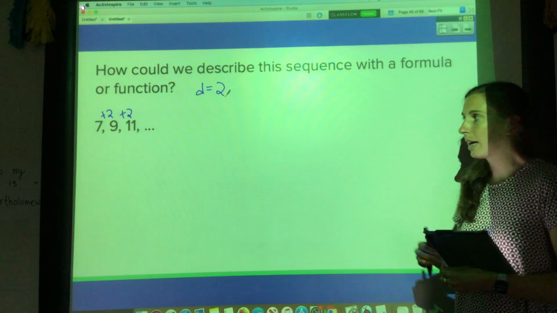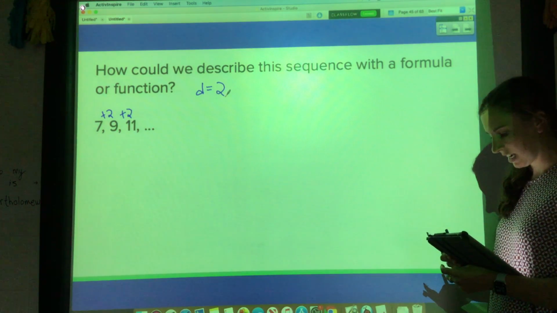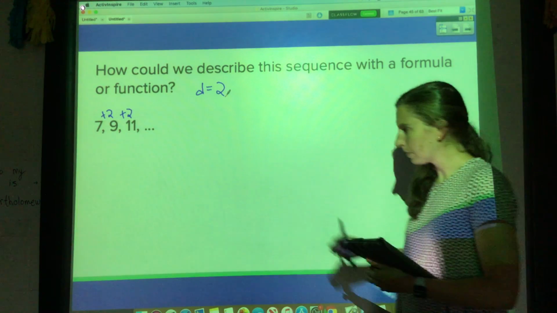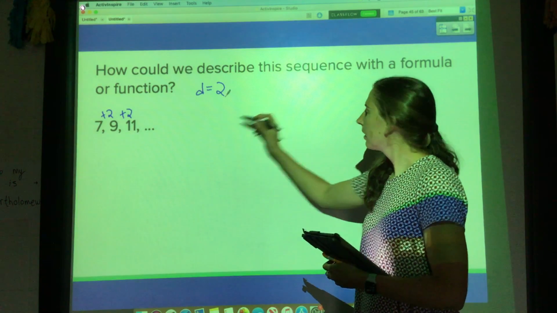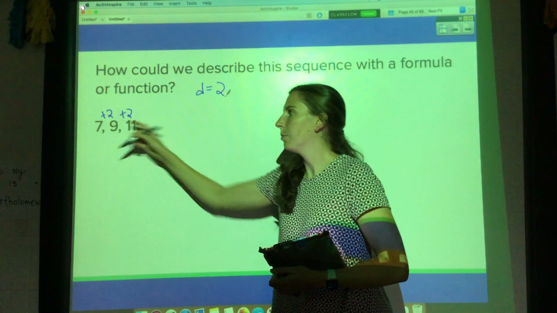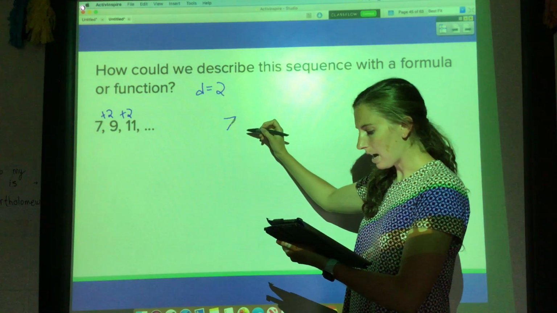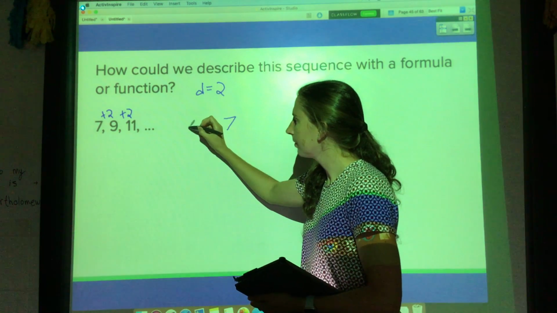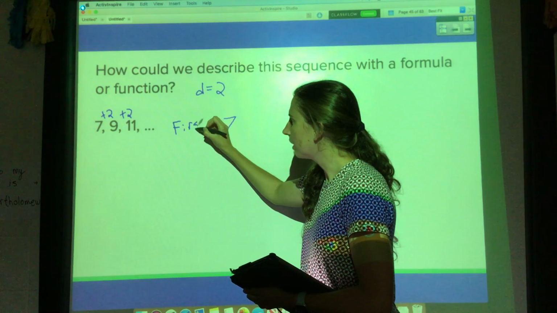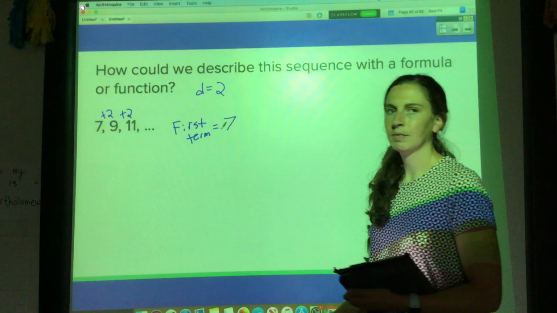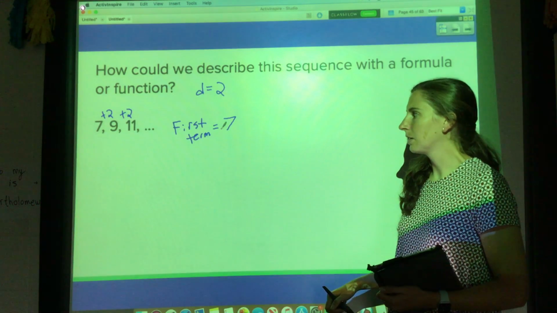One way that you might come up with a formula for this is to take the first number, 7, and that's basically my first term. So the first term is 7, and then after that, what happens?